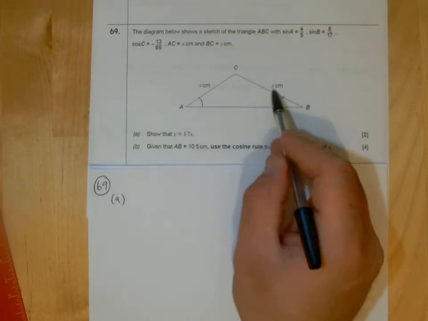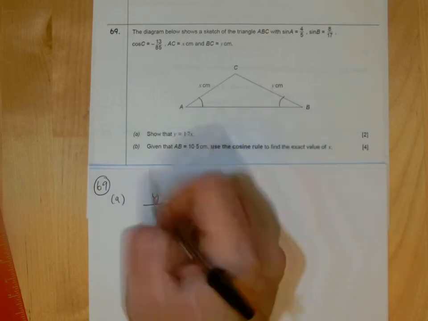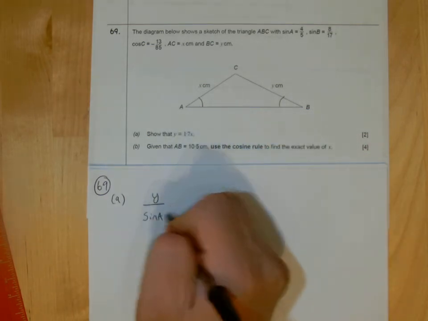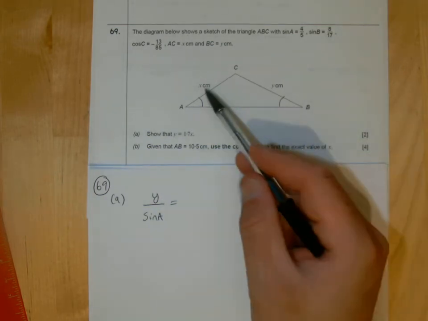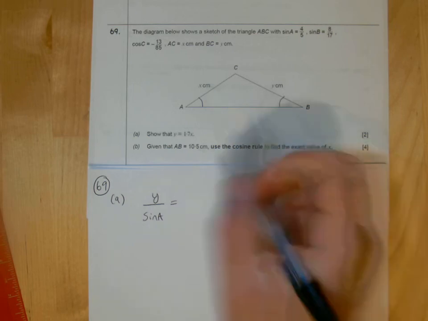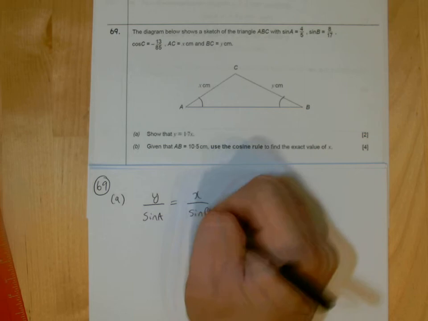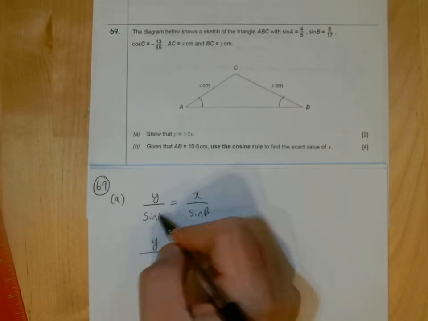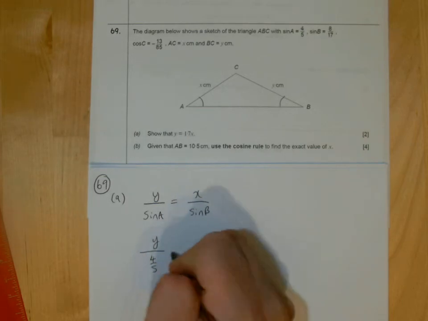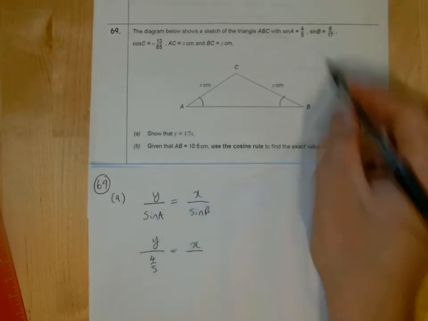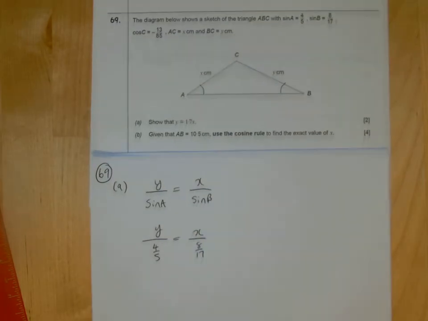So we start off with y over the sine of that angle, equals another pair that I know: x over sine B. Now I know sine A, don't I? Sine A is 4/5, so I can put 4/5 in its place. I know sine B as well, 8/17, so I can put that in its place.